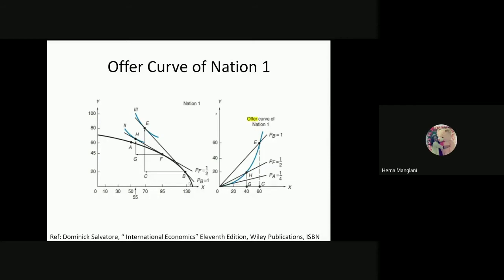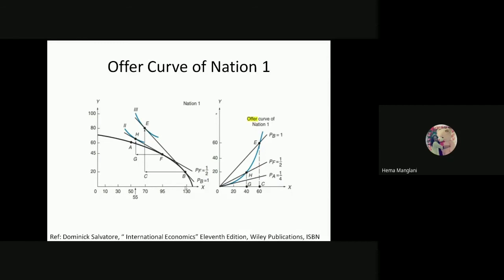See, in the whole analysis, we are still talking about a free trade situation. There are no obstacles to trade in the world economy. So the movement from point F to point B is a free trade movement. The country is not charging any tariff on it.